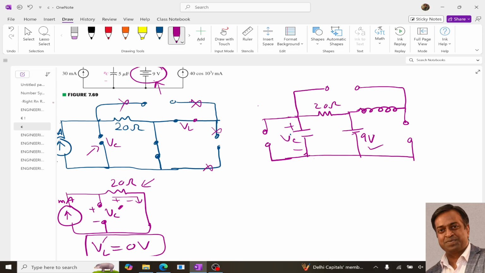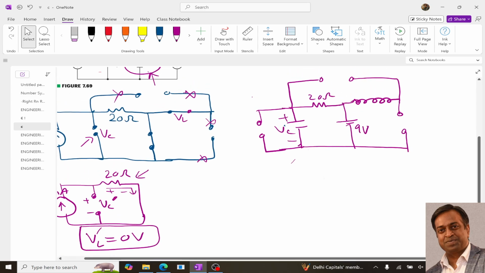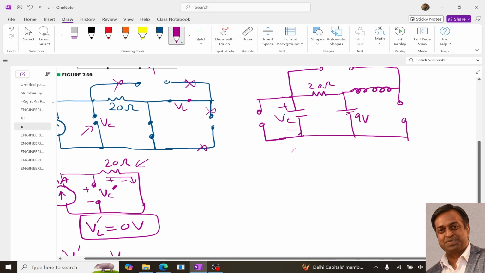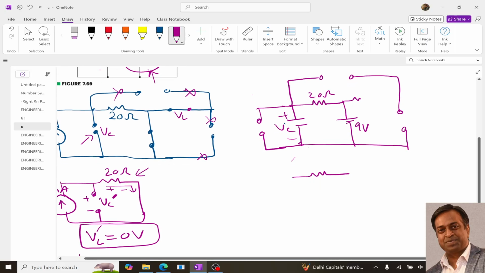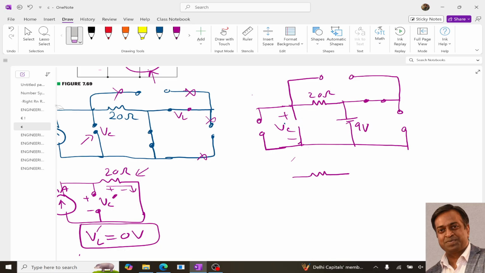Because it is a constant source. So our circuit will look something like this. This will be replaced with a short circuit, right? This capacitor will be replaced with open circuit, right?